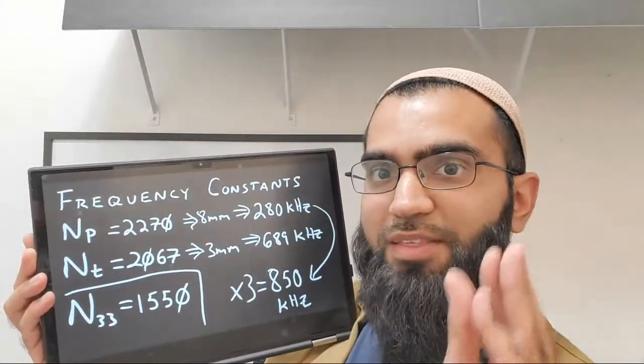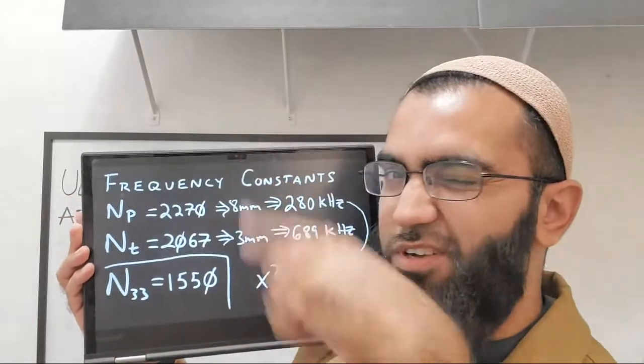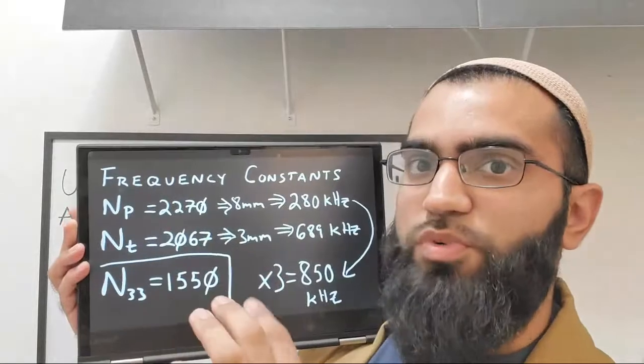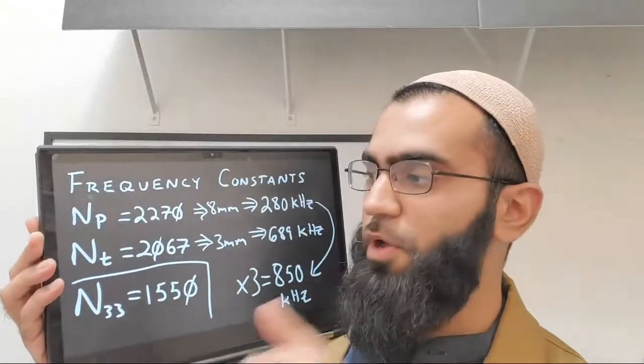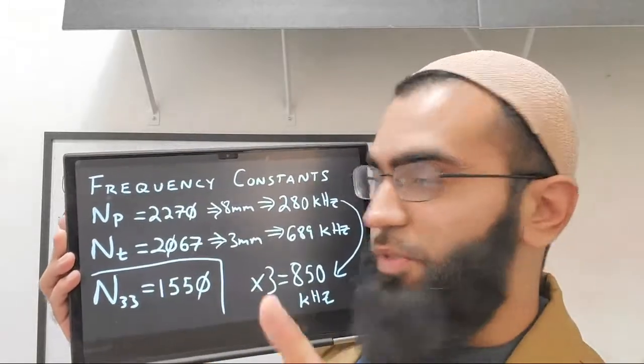So it's more like a thin rod with polarization in the thickness, and the thickness is also kind of like the length. It tends toward that. So perhaps the actual frequency constant for this specific sample would be edging closer to the 3-3, but let's keep going with these calculations.